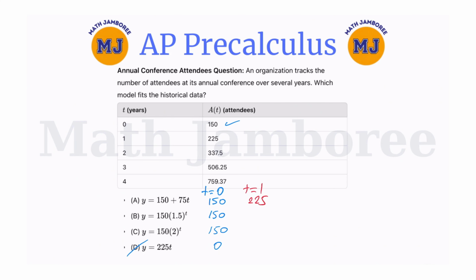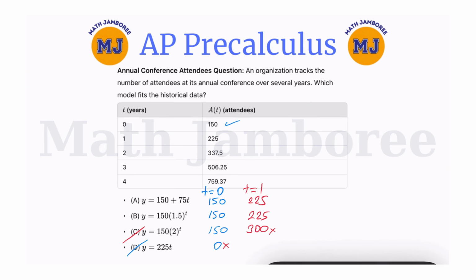When you multiply by 150, that's going to give you 225, because it's one whole, and half of 150 is 75. When you add it, it's still 225. In choice C, when I substitute 1, 2 to the power of 1 is 2. 2 times 150 is 300. So this is not an option.